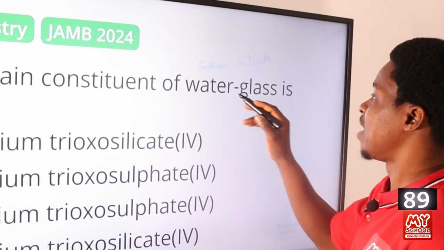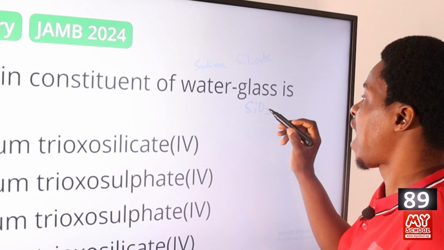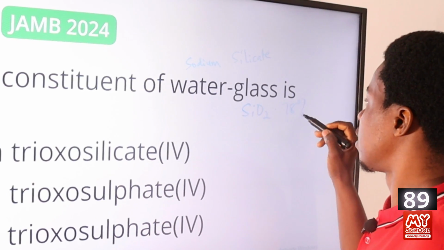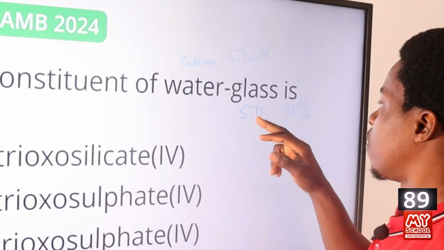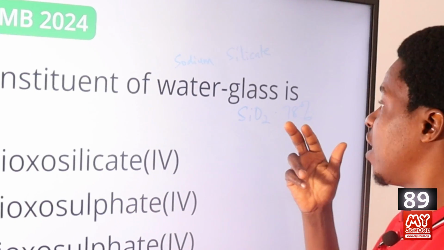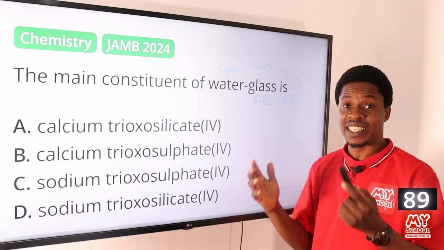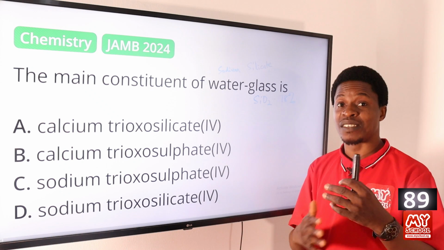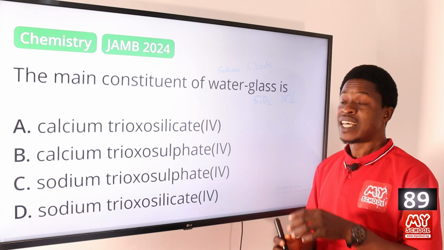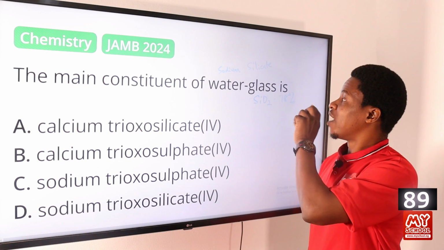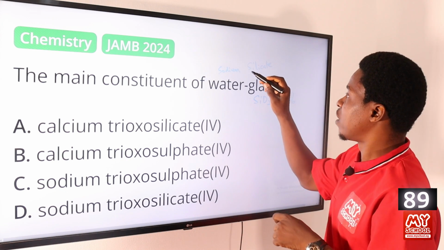Sodium silicate is the other name, but don't forget that glass has about 78% of SiO2, silicon dioxide. That is your sand, which is used for most of the glasses that are made, like the bottles in the breweries and the pharmaceutical companies. That's the silica aspect.